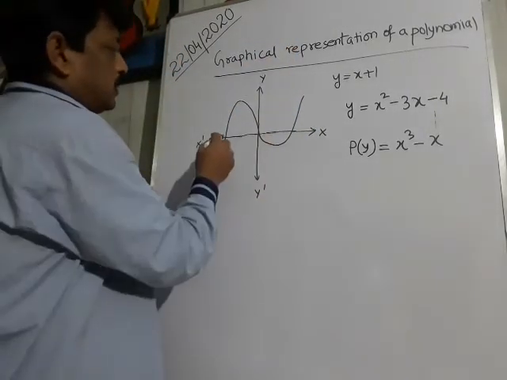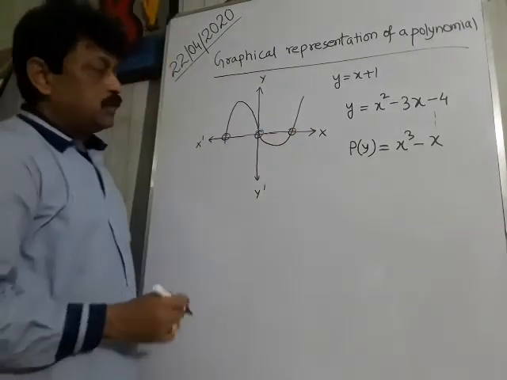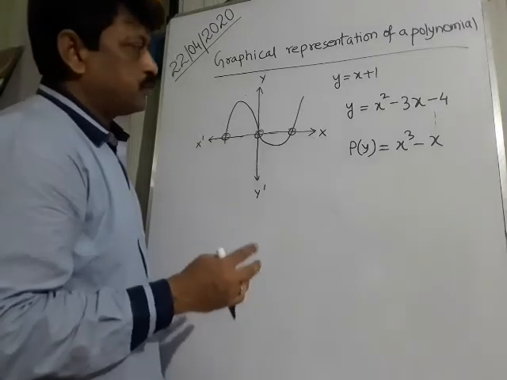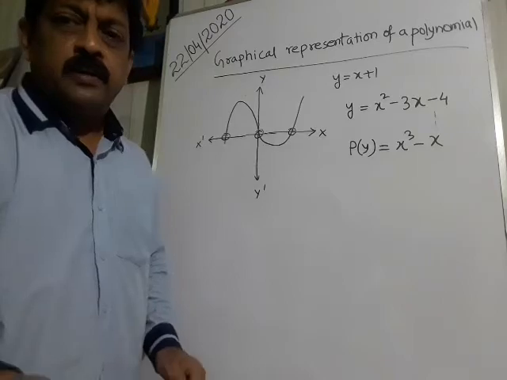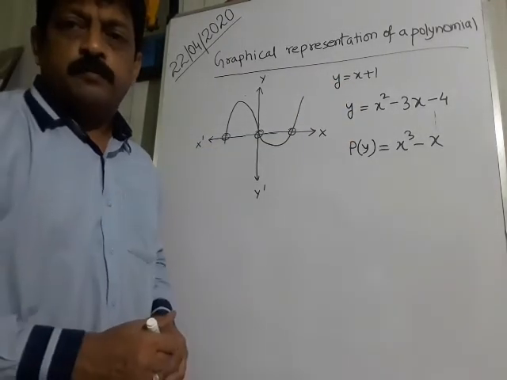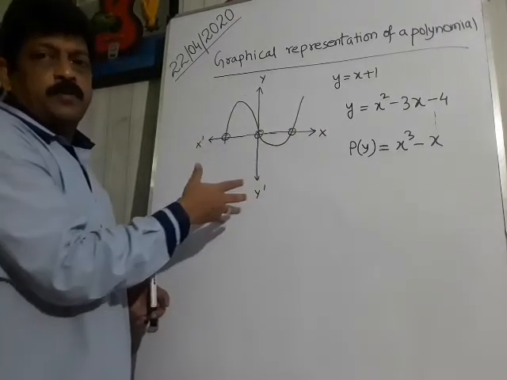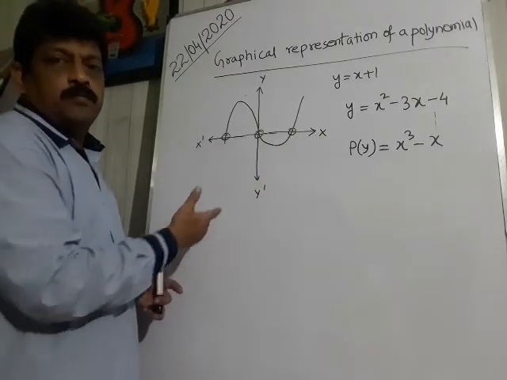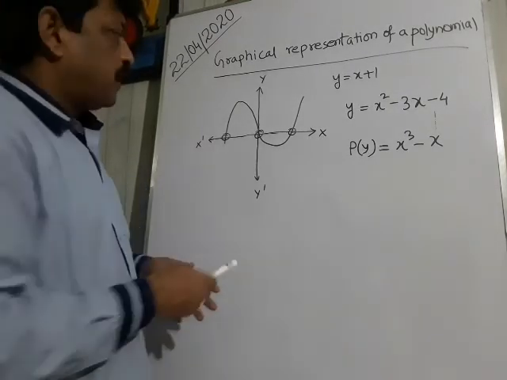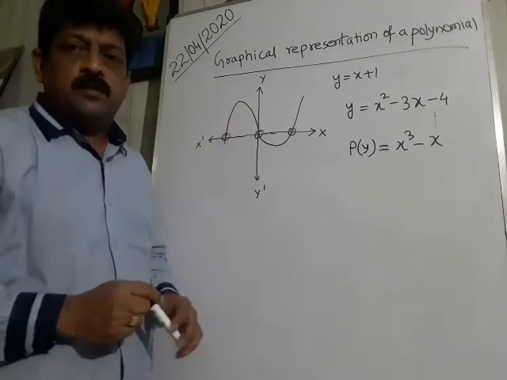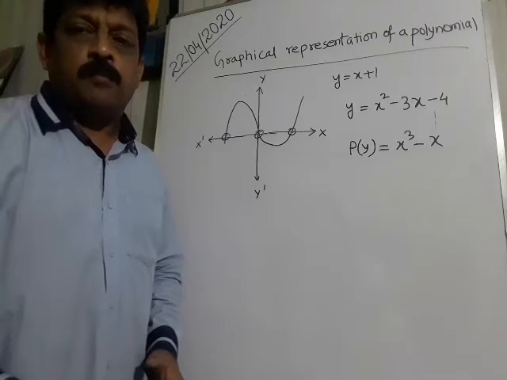So here the graph is intersecting the x-axis thrice, meaning this polynomial has 3 zeros. So in this way we can obtain the number of zeros graphically without going for algebraic simplification. Simply we plot the values of x and y in the graph and we will get a curve which will give us how many zeros there are by intersecting the x-axis. We will count how many times it is intersecting the x-axis, and that will give us the number of zeros.